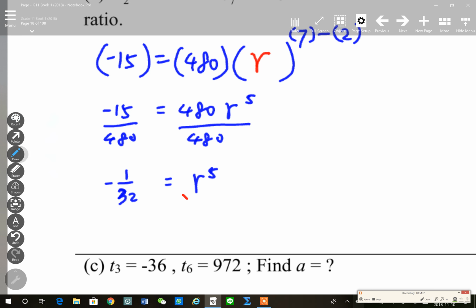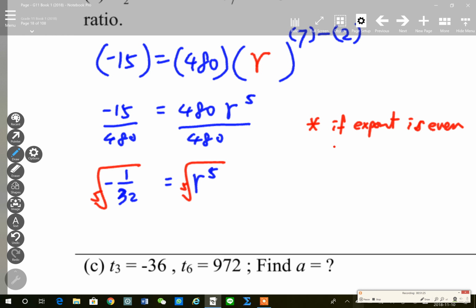When we do the fifth root, do we need to put plus minus? No. When do we need plus minus? When it's even. I want you to write that on the side: if the exponent is even, you put plus minus root.